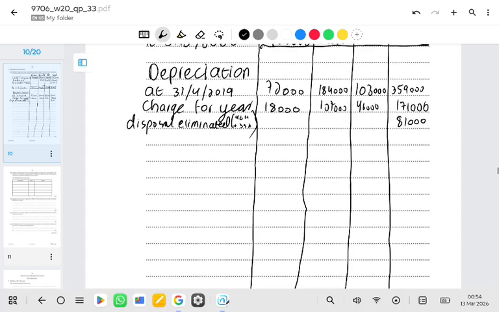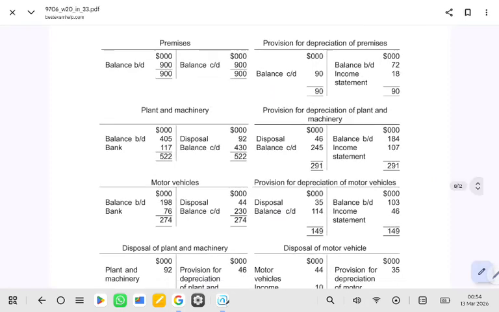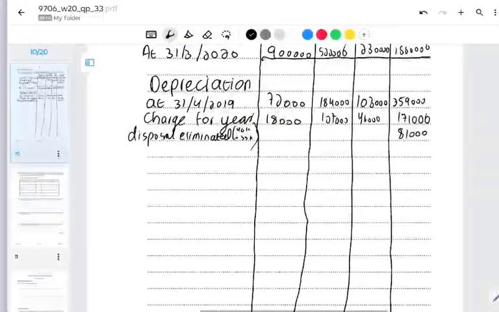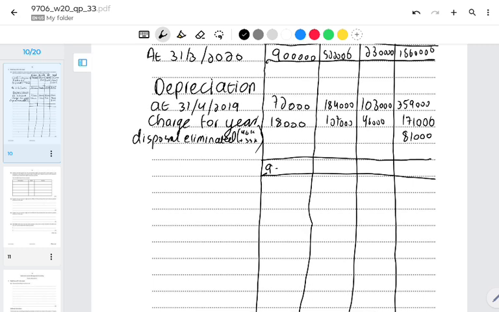Okay, again, how I calculated the disposal eliminated. The disposal on the debit side of each of the depreciation account will be recorded and added, which will be recorded as an elimination and will be subtracted from the cost. Depreciation. So now we will calculate the totals for it also, which okay, 72,000 plus 18,000 give us now 90,000. This is 107,000 plus 184,000.